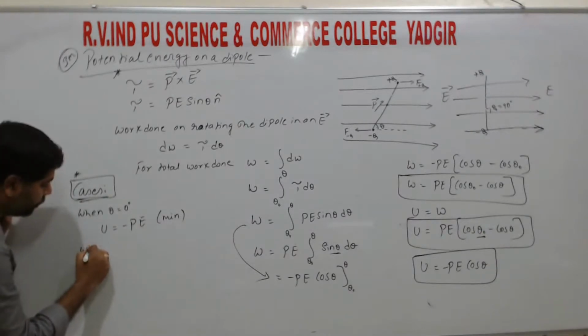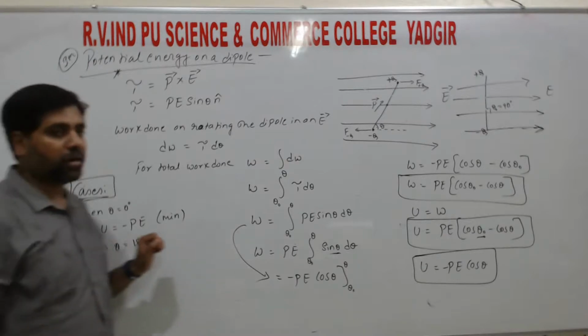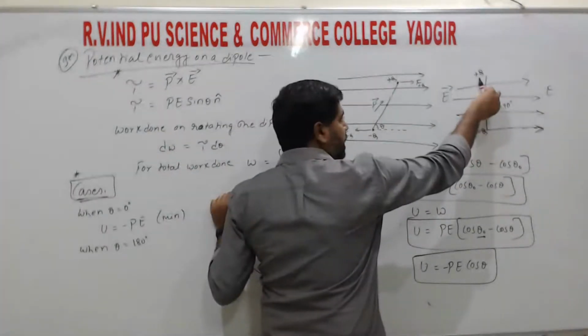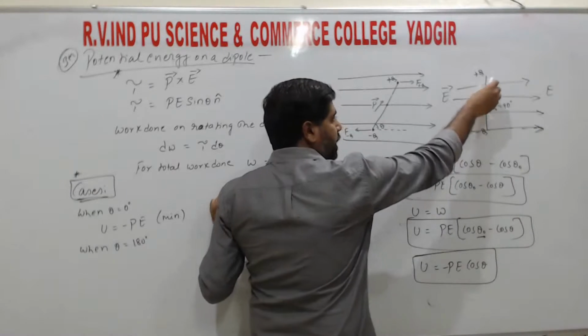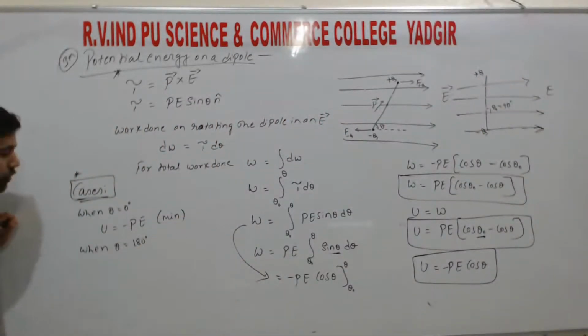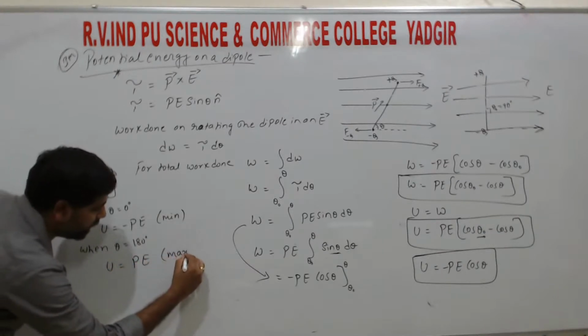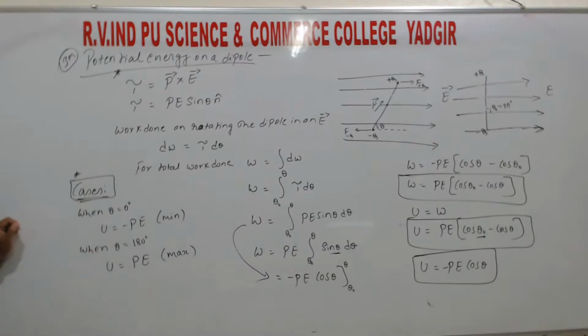When theta is equal to 180 degrees, we have completely rotated by 180 degrees. For that, cos 180 is minus 1, so the potential energy U is equal to PE. Here we are getting the maximum, right?